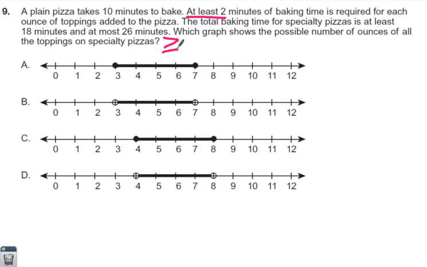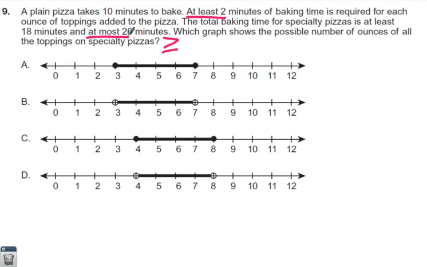"At least" is key verbiage right there, meaning greater than or equal to. The total baking time for specialty pizzas is at least 18 minutes and at most 26 minutes. That's a less than or equal to type thing. Which graph shows the possible number of ounces of all the toppings on specialty pizzas?